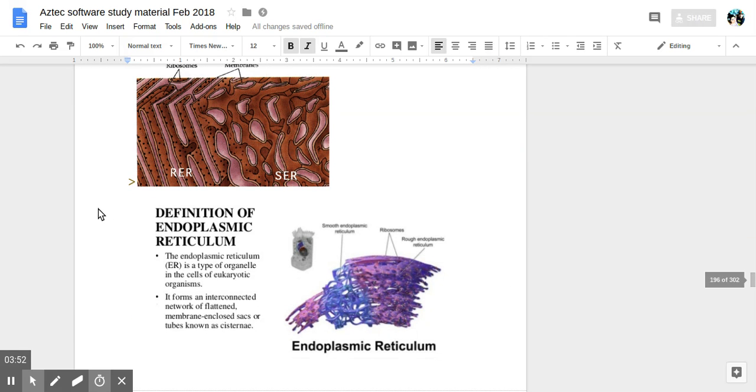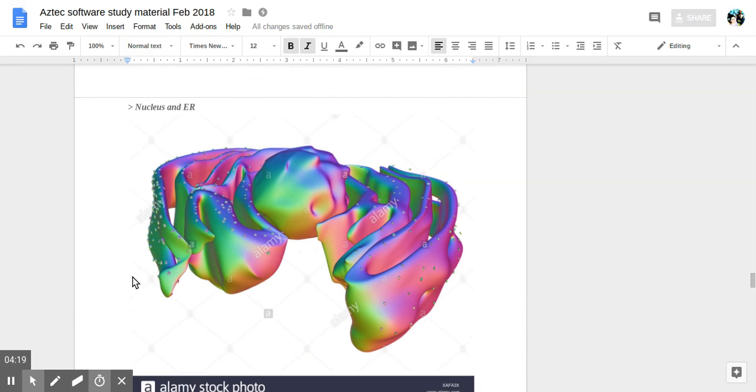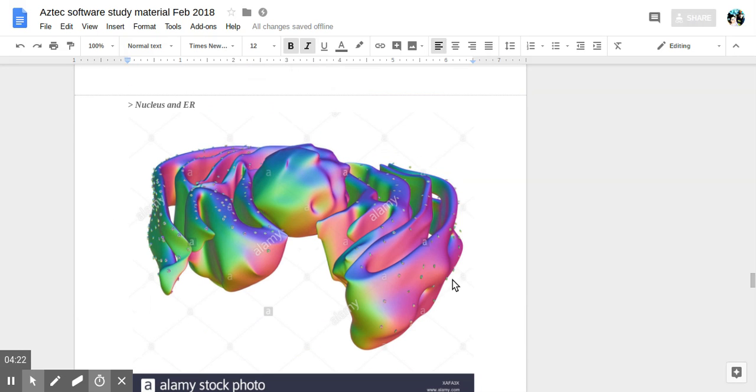So, endoplasmic reticulum once again. Here's smooth. This is the rough, which has ribosomes. The endoplasmic reticulum is in cells of eukaryotes. It has an interconnecting network of flattened membrane-enclosed sacs or tubes known as cisternae. Here's a 3D image showing the nucleus and the ER, which surrounds it.